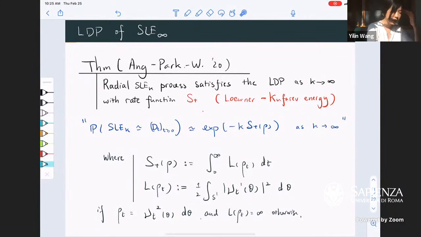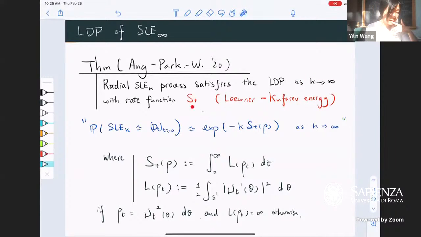It means heuristically that the probability of SLE kappa domains, the complement of SLE hull, staying close to an evolution family D, deterministic, anything we choose, decays when kappa goes to infinity as the exponential of minus kappa times this Viklund-Kufarev energy. And this is what this large deviation means.